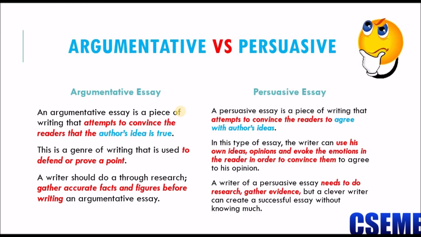Going back to point 2, you're using your opinions, your ideas, and you're pulling on the emotions of the reader so that they agree with what you're saying. To an extent, if we want to be forthright, it's a way of also manipulating the reader to see your point.